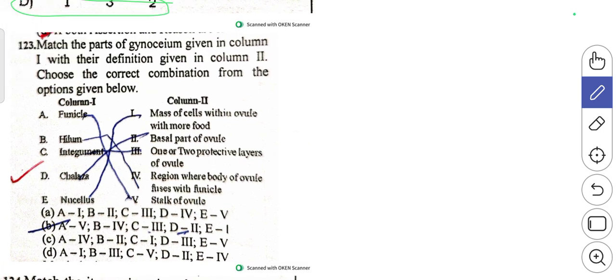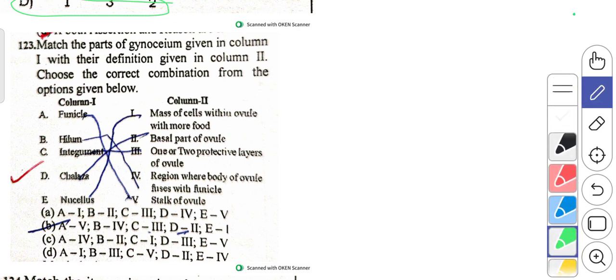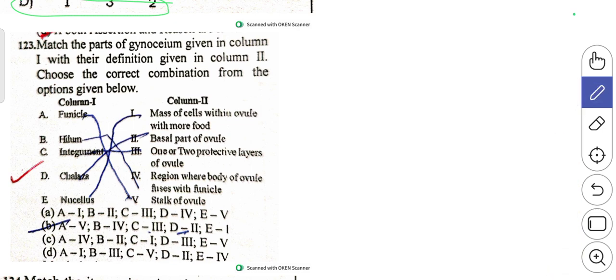Regarding the first chapter, reproduction in flowering plants. So first one, funicle.